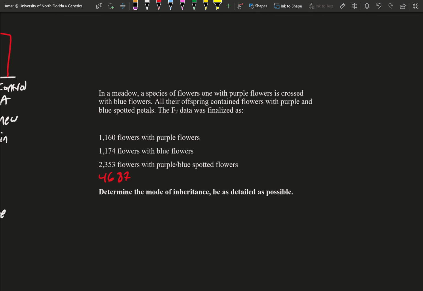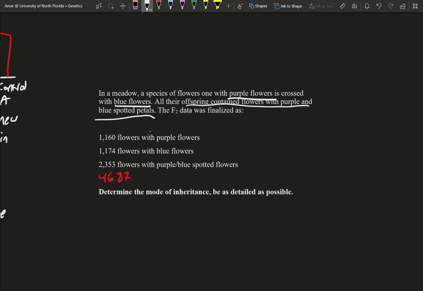So what we're going to do now is look at the phenotype descriptions. What we have here is essentially purple flowers you're crossing with blue flowers, and then their F1 had all flowers that were purple and blue.